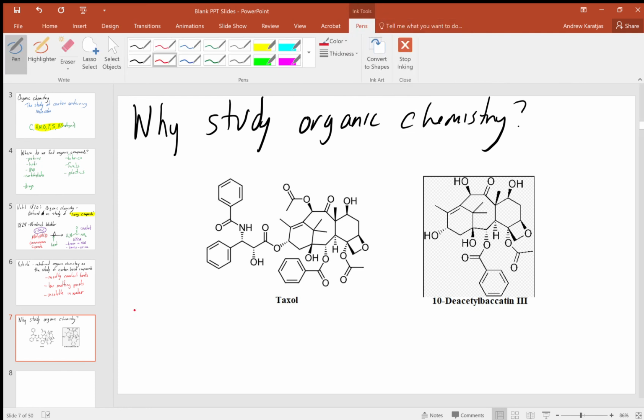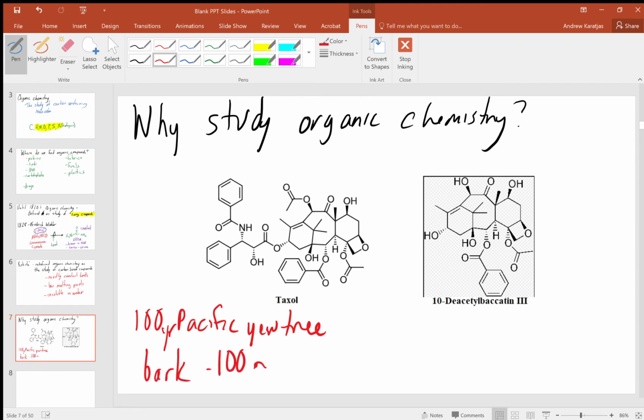If you take a 100-year-old yew tree, the bark of this tree will give you approximately 1 gram of Taxol.